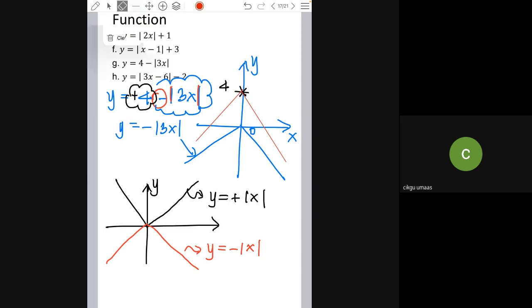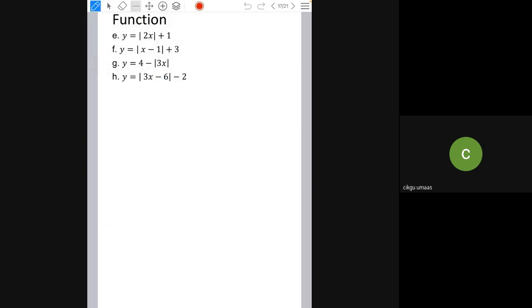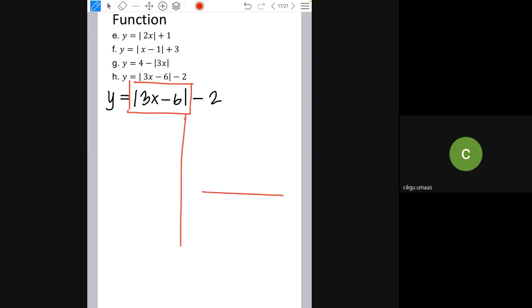Okay, look at H. y equal to modulus 3x minus 6, minus 2. As usual, first my concentration is on this. Minus 6 will go here, 6 divided by 3 is 2. This is the standard first.